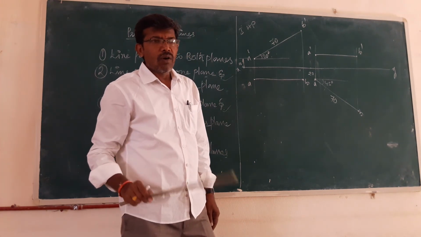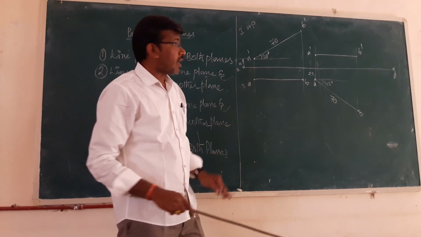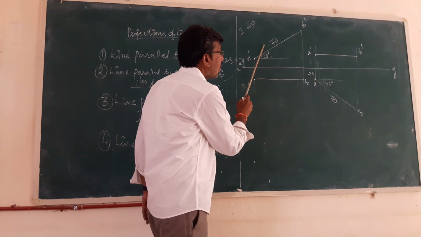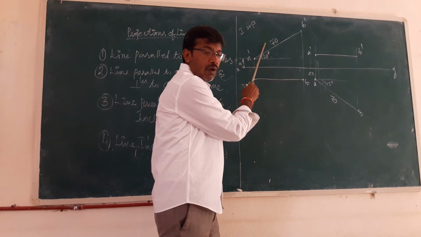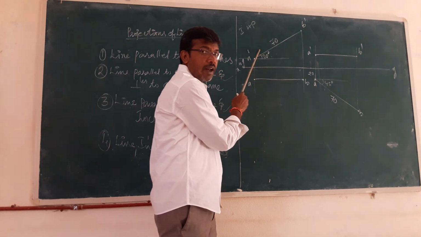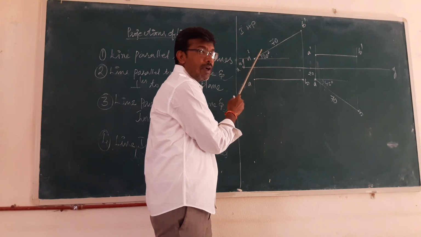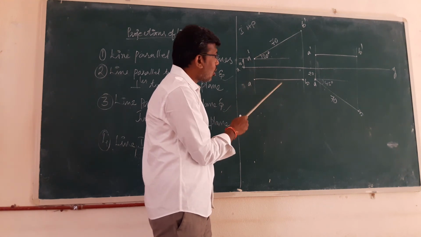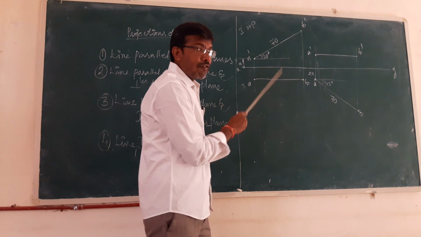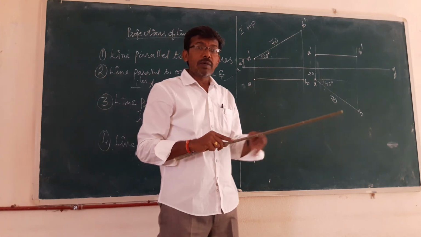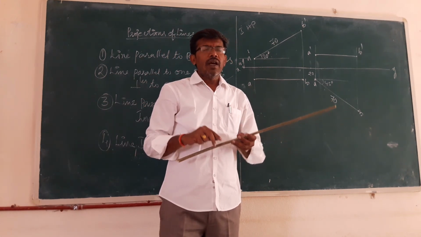And you have to find out one thing here: when a line is inclined to the horizontal plane, the front view will be in true length and the top view will be reduced. And then the view appearing on that particular plane will be reduced.